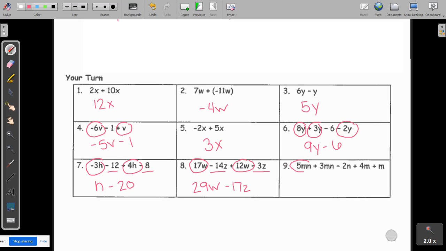So we can combine these two. So 5 plus 3 is 8mn. Then we have 4m plus m, which is 5m, and bring down the minus 2n. So that is the lesson on combining like terms. Please reach out if you have any questions.